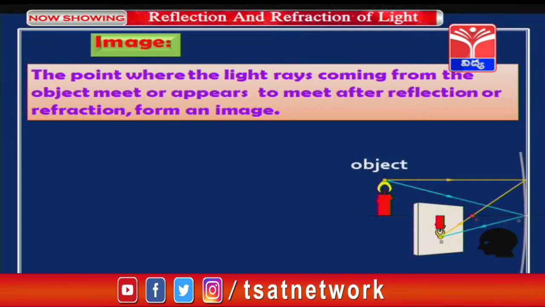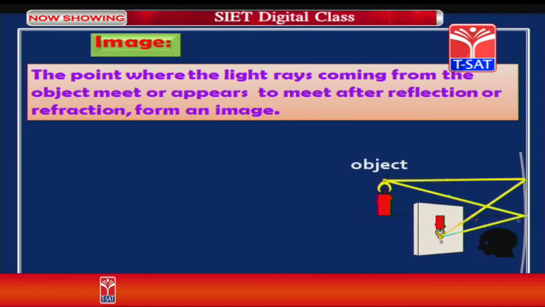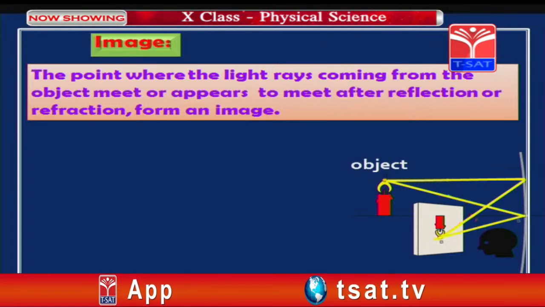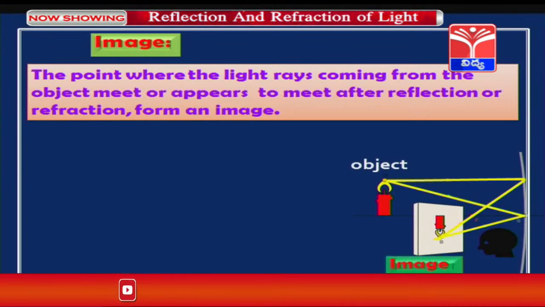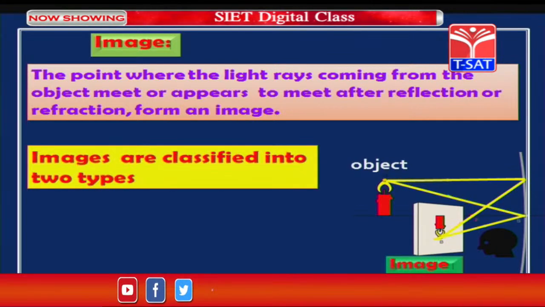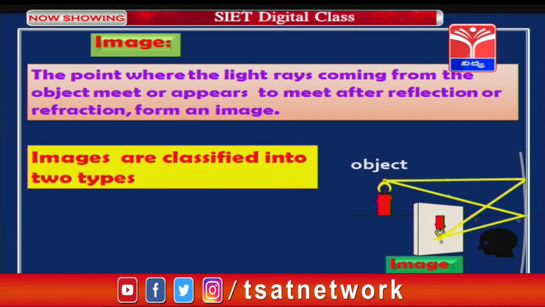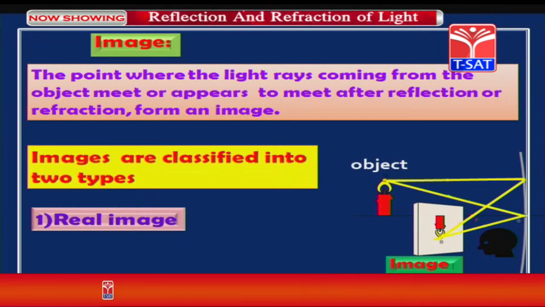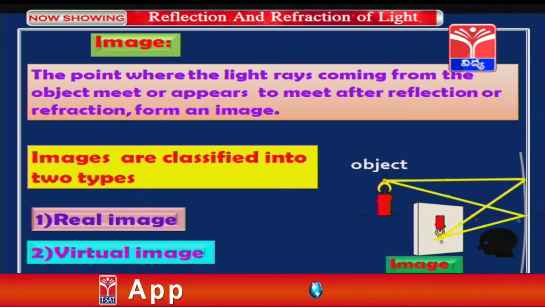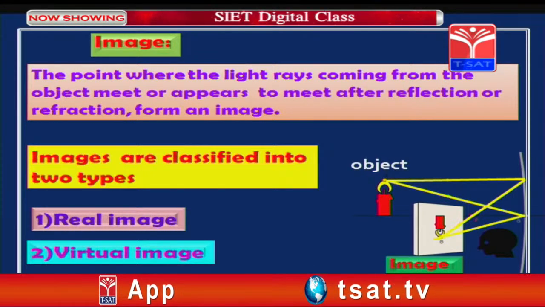Here the candle is the object, light rays travel toward the mirror, after reflection they will converge and they form the image. This is the image. Images are classified into 2 types. The first one is real image, the second one is virtual image.